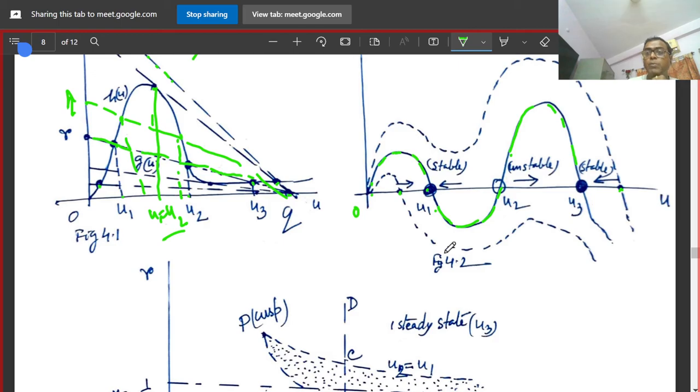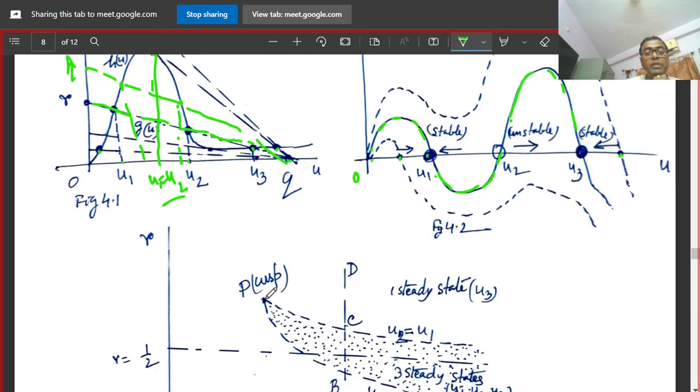So for this point we get the curve in this RQ plane. And when this straight line is moving towards the origin, then we get three steady states, u1, u2, u3.